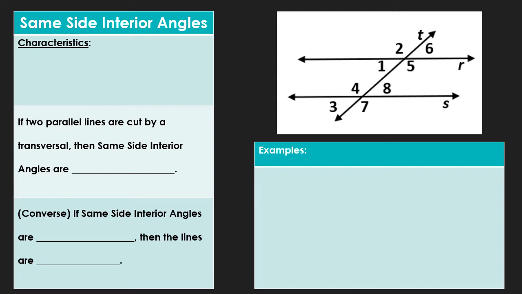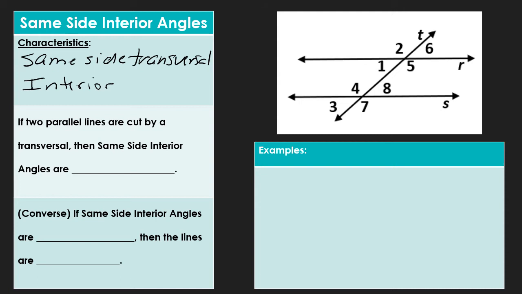Same side goes another direction. So same side angles, the characteristics: they are on the same side of the transversal, and in this case, they're going to be interior.